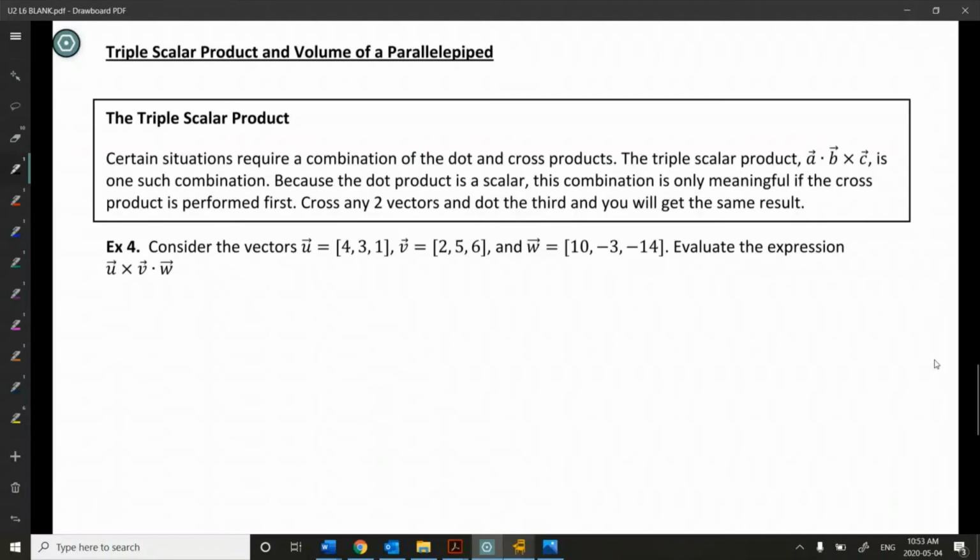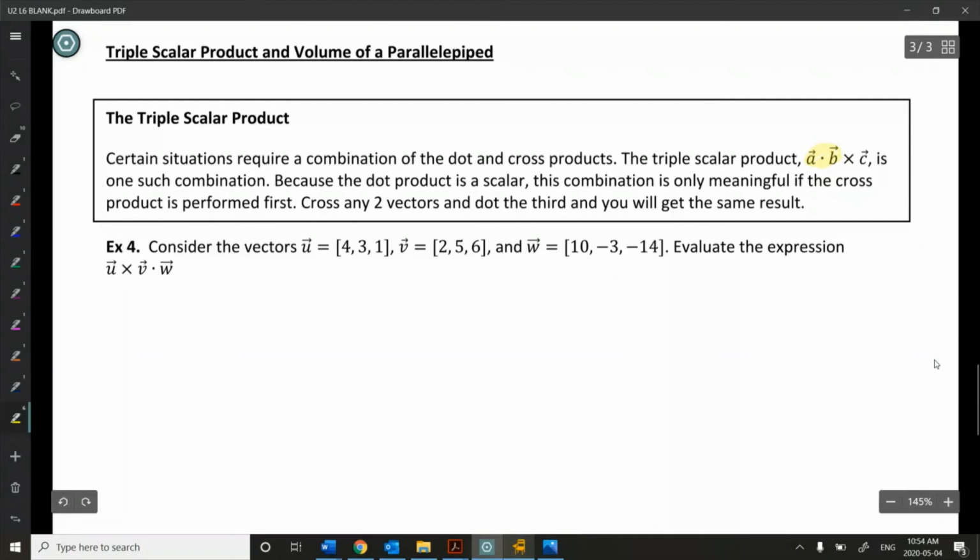Lastly, we're going to take a look at the triple scalar product, which is basically taking the cross product of two vectors and dotting it with a third. If we cross two vectors and dot them with a third, that expression would only be meaningful in one way. Let's say we take this A dot B and we did that first.